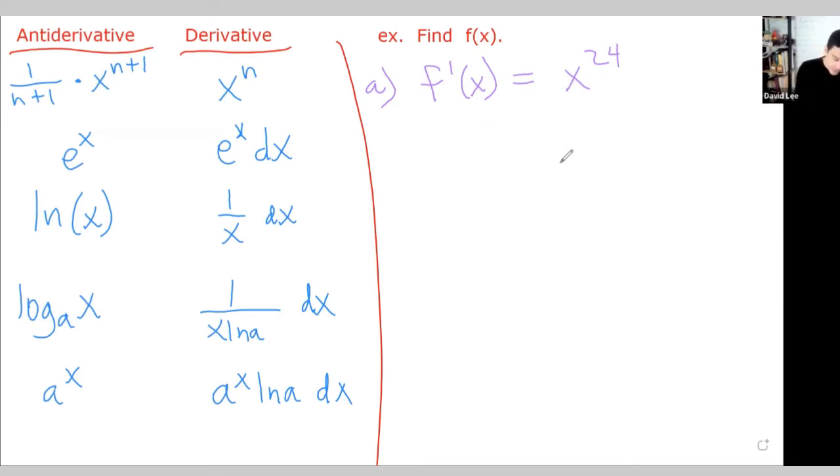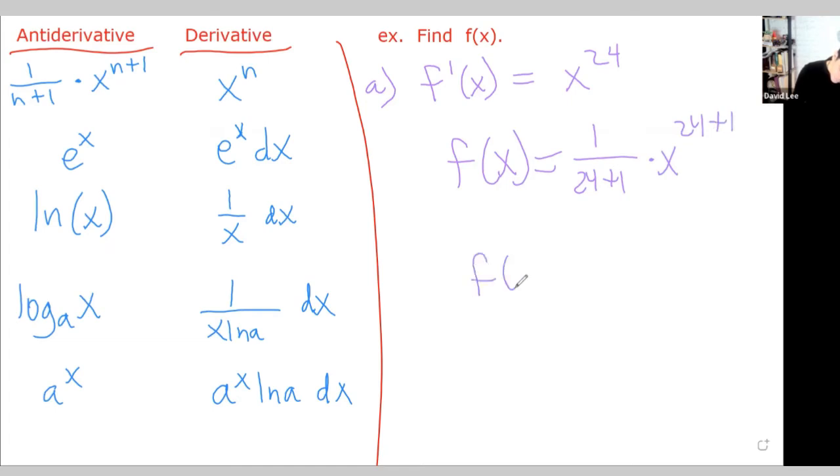So f of x, the original function, would be 1 over 24 plus 1 times x to the 24 plus 1, which is simply 1 over 25 x to the power of 25. And of course, plus c. You should put a plus c, just in case, because it could have been some number there. And that's it, this is your antiderivative.